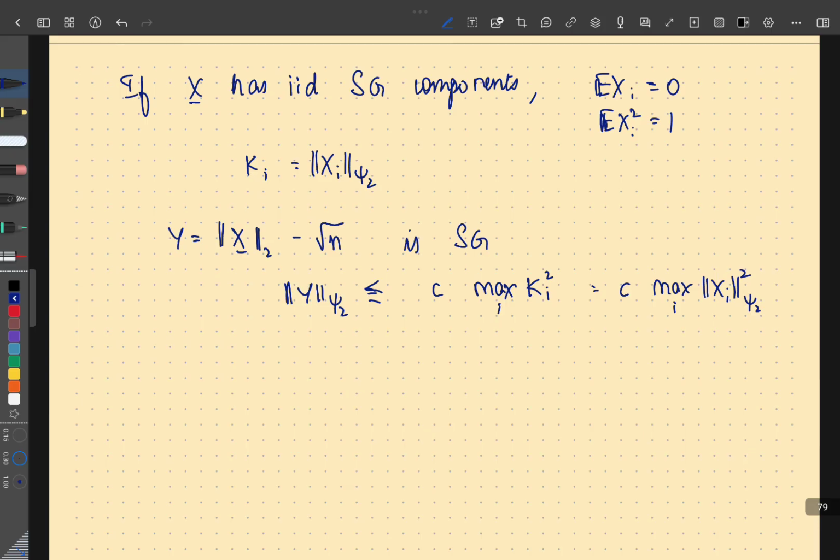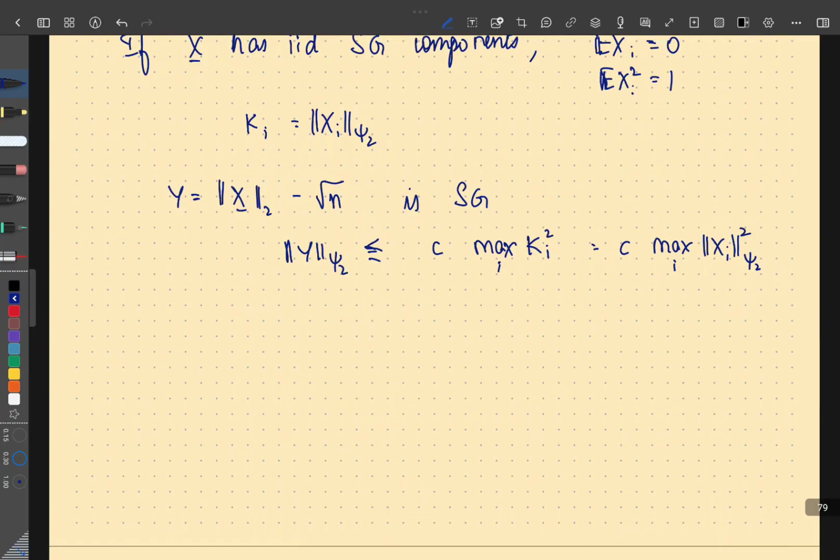It's an upper bound. So let's see why this is the case. Firstly, we know that xi square minus 1 is subexponential. Does it not depend on the number of dimensions? Which one? The subgaussian norm of y. The subgaussian norm of y, in fact, does not depend on the number of dimensions.